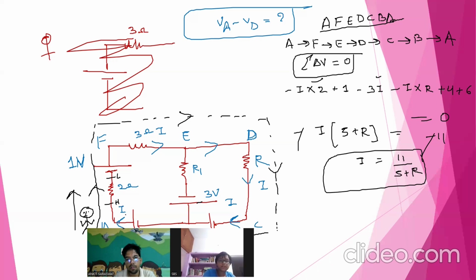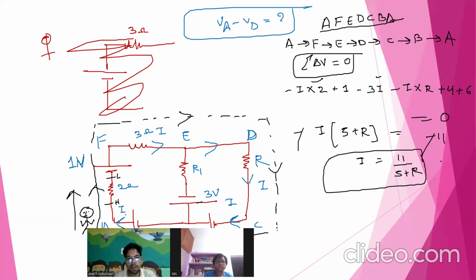Sir, can you please repeat, sir? Your voice was breaking. Hello. What is the value of I? I comes out to be 5 plus R equal to 11. Yes, sir. Clear? Now I'm applying this law, but in this way I'm not getting the answer. So I should approach a different way.